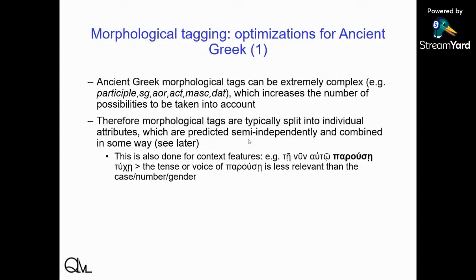The same is true for the context. So, for example, if we have a sentence like parusei tuchei, then of course we know that tuchei is a dative noun because parusei is also dative, and not because it's present, for example.